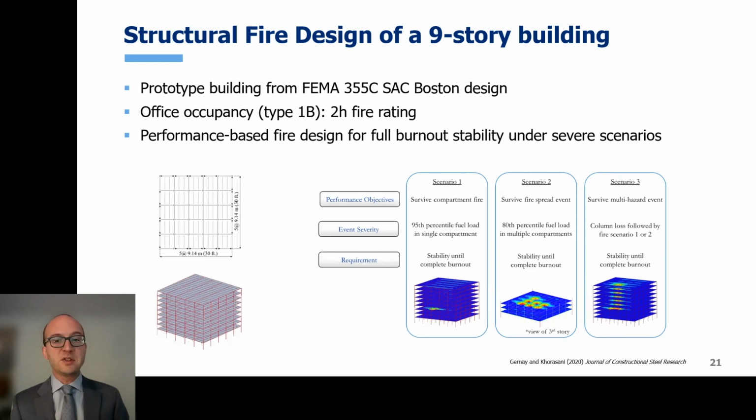And we wanted to consider very severe or exceptional events in case of fire, which include a fire spread across the floor plan, and also the case of column loss followed by a fire, which would represent a blast followed by a fire. So three fire scenarios were defined, and for each, the simulation had to show the ability to survive to full burnout.